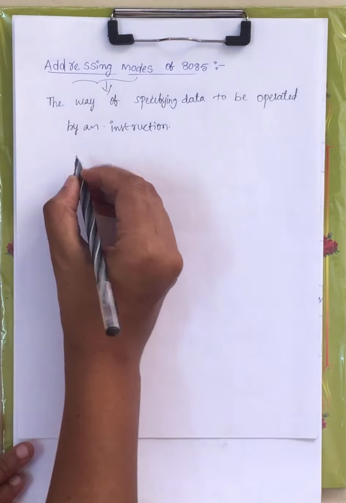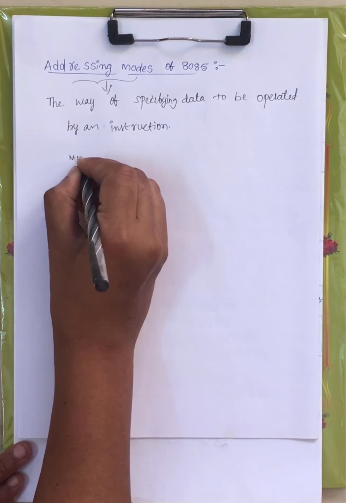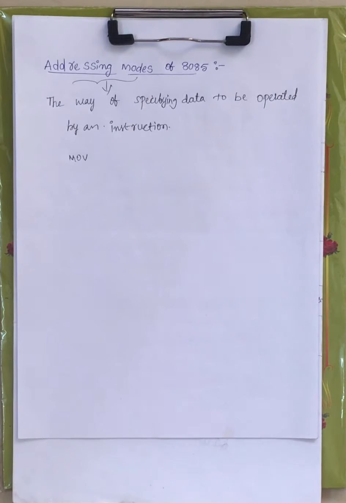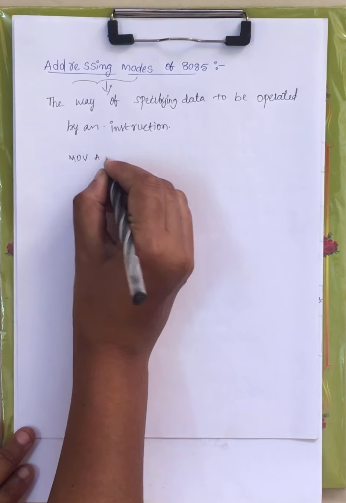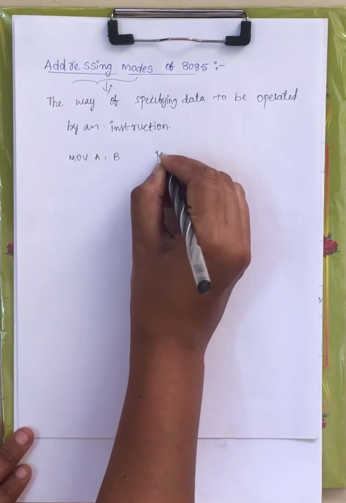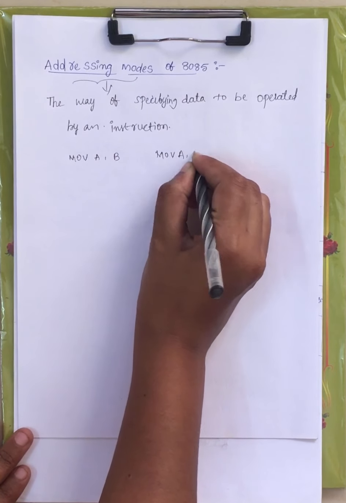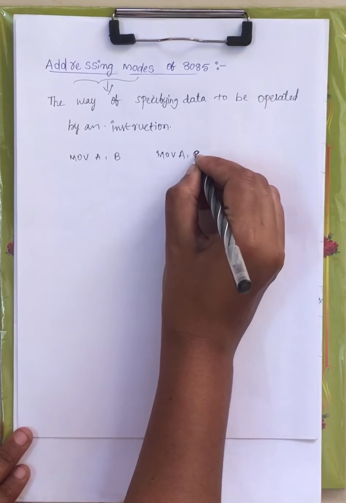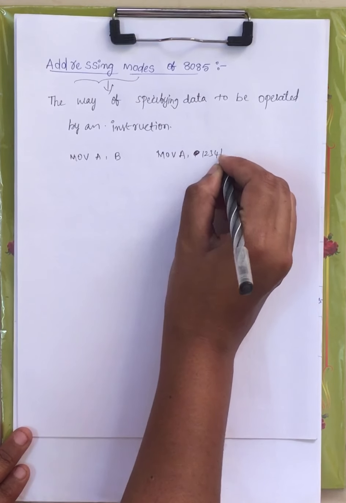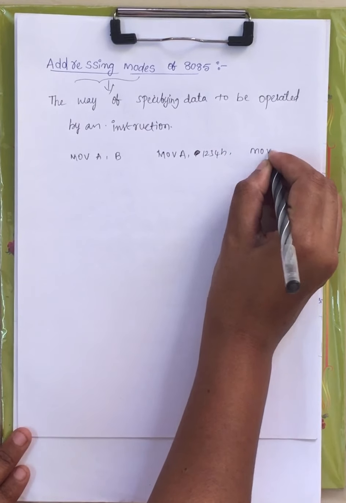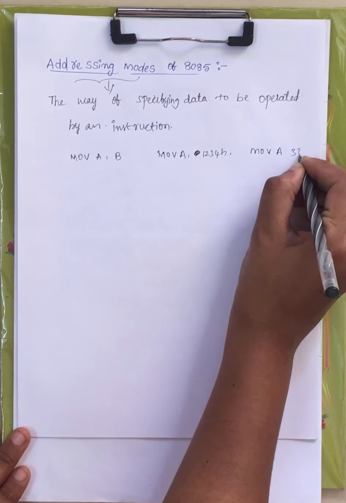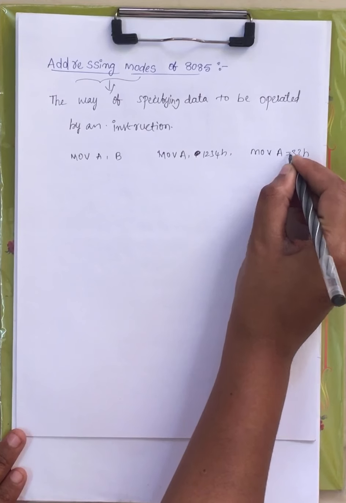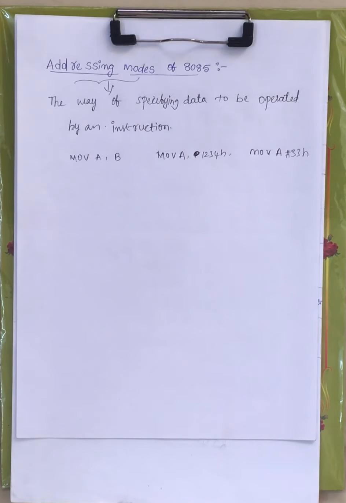Now if I give an example, let us assume MOV. This MOV is an instruction. It may be between two registers, or between a register and a memory location, that is 1234H, or it may be a MOV A, #33H, where immediate data is represented by the hash symbol.